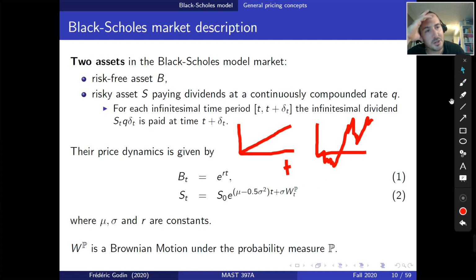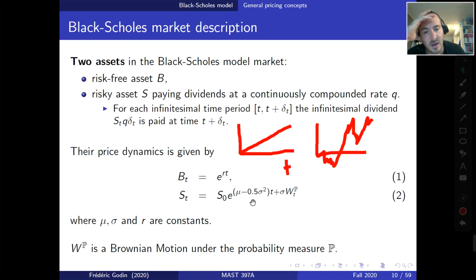Now one question you might ask yourself is, why do we write mu minus 1/2 sigma square? Why not just put a mu here to make things simple, since this is already a constant? Well, the answer is the following. When you do the exercises, you'll have to show that the expectation of S_t will be equal to S_0 exponential of mu t.